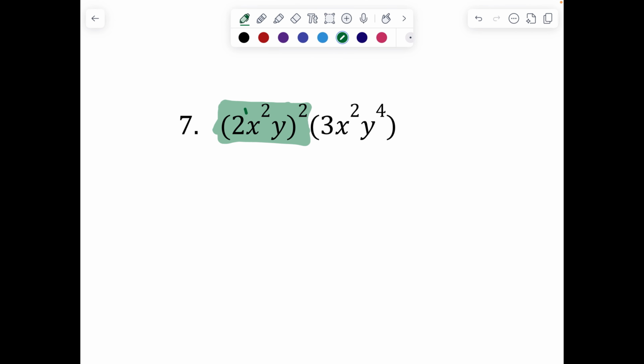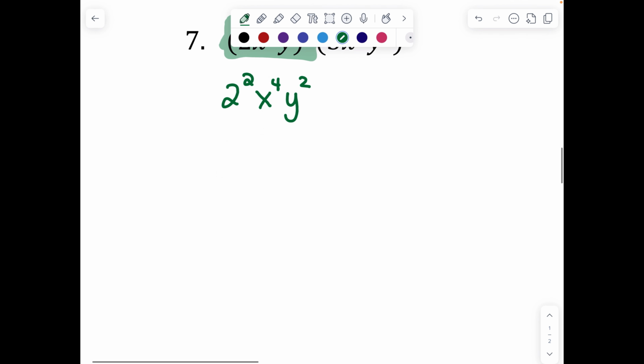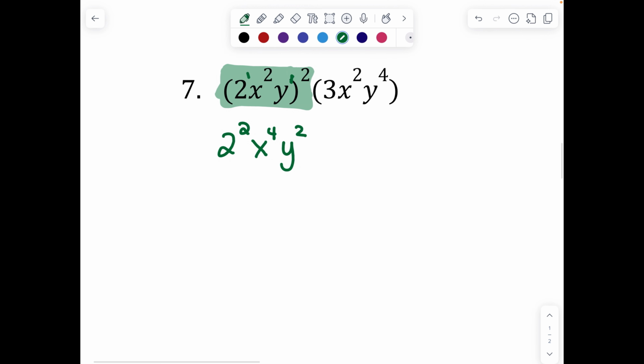So 1 times 2 is 2, so we have 2 squared. X to the 2 times 2 is 4. Y to the 1 times 2 is 2. So I'm going to evaluate this before I talk about multiplying. So then we have 4x to the 4th, y to the 2nd.